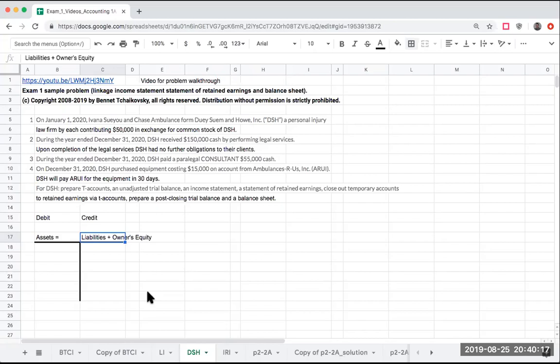Revenues and expenses are what we call temporary accounts, meaning that we're going to record them for a particular period of time. And then we're going to close out those revenue and expense accounts to retained earnings at the end of the period.